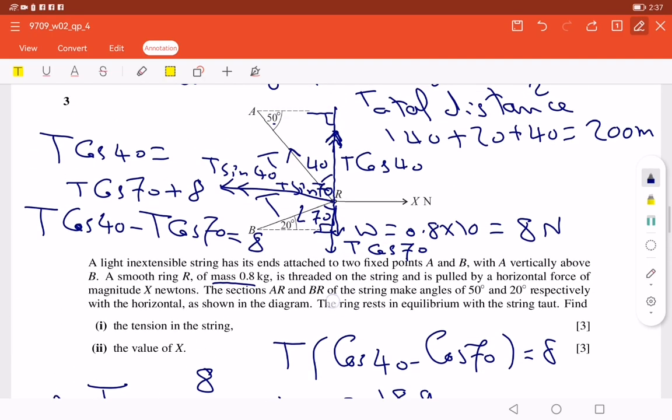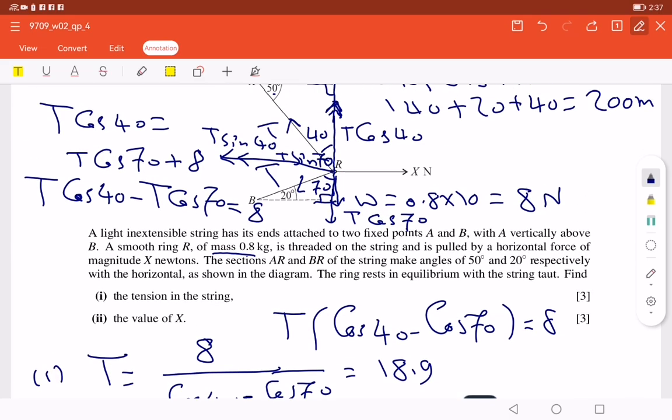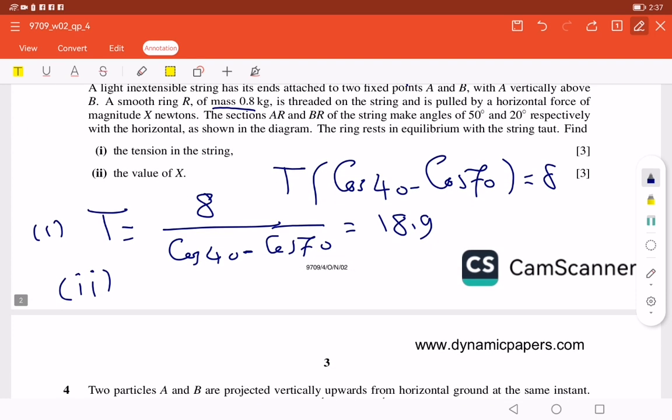So all the forces to the right equal all the forces to the left, as the ring is in equilibrium. This means X equals T sine 40 plus T sine 70, and substituting for T using 18.8, and using your calculator, you will find X equals 29.9.